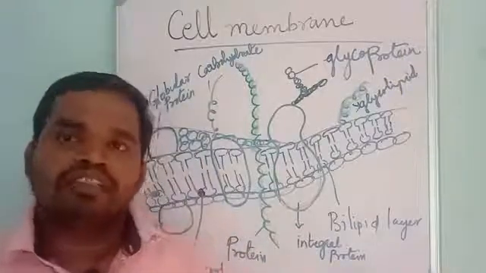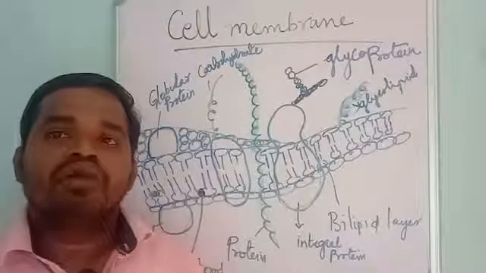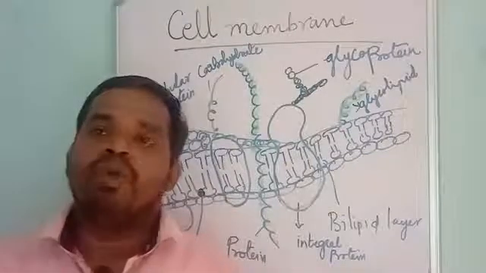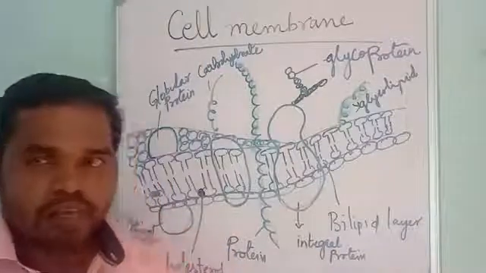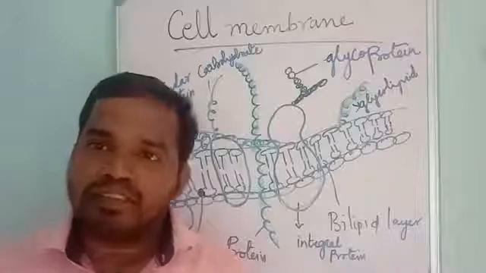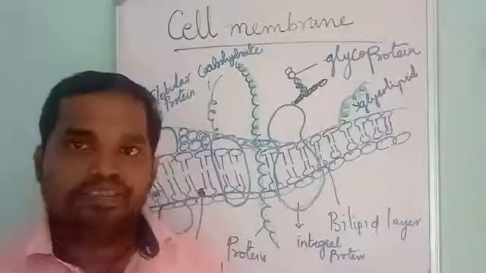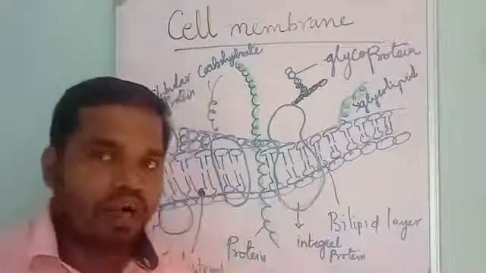From higher concentration to lower concentration, the substances enter from the outside of the cell into the inside with the help of the carrier protein, known as facilitated diffusion. Diffusion is nothing but the movement of substances from higher concentration to lower concentration passively, without any energy expenditure. So that is what we call diffusion.